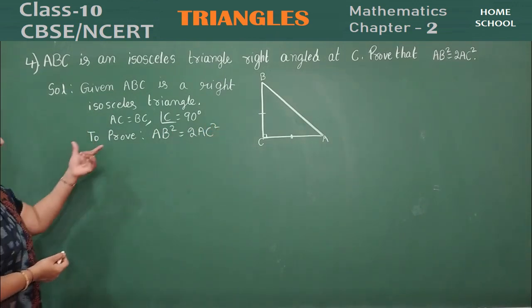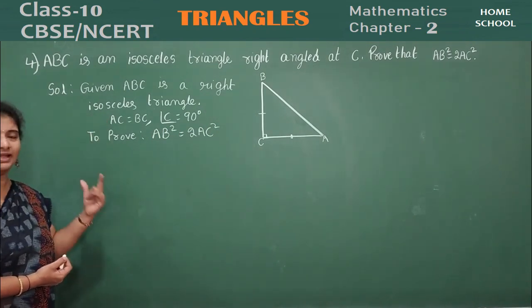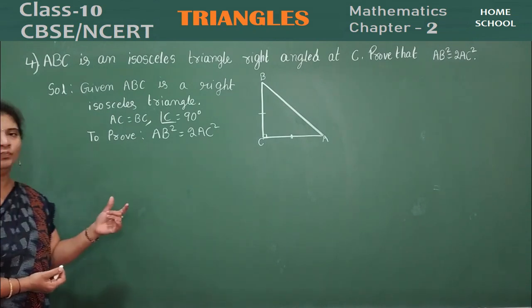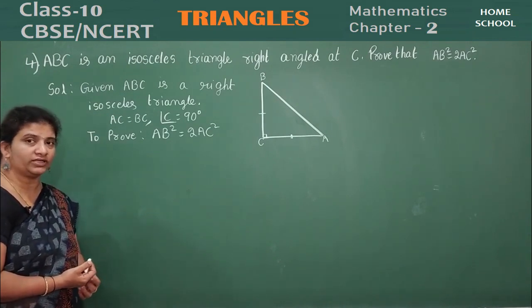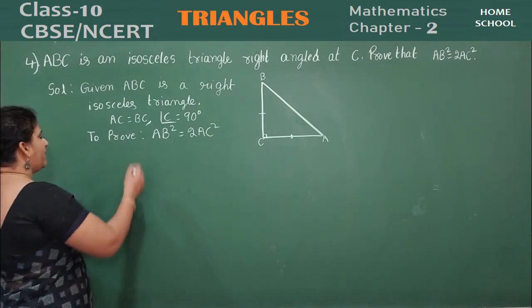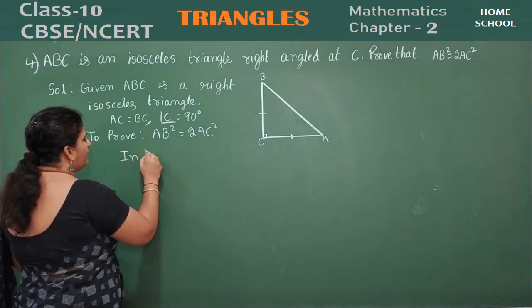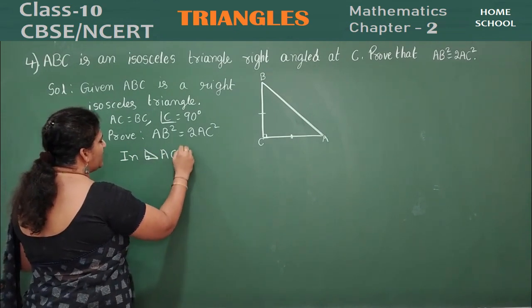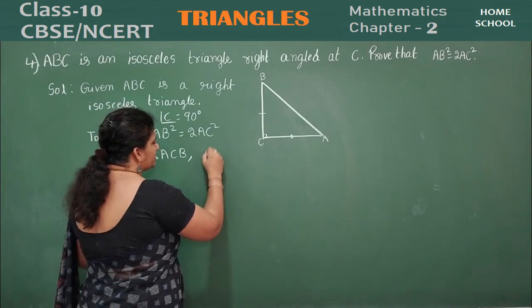Okay, so now we need to prove this one. Given data, to prove, and then our proof. How can we start our proof? We know if it is a right angle triangle, we can apply the Pythagoras theorem. What is the Pythagoras theorem, children? In right triangle ACB, apply Pythagoras statement.